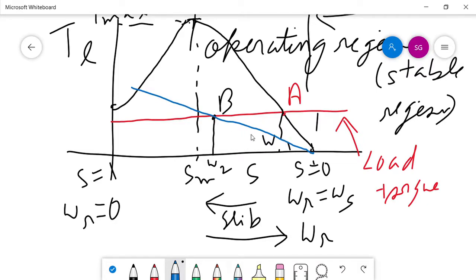So one method is to just decrease the slope, this slope, and another method is to just shift this line, like this. So I will make it with a different ink. So one is this.